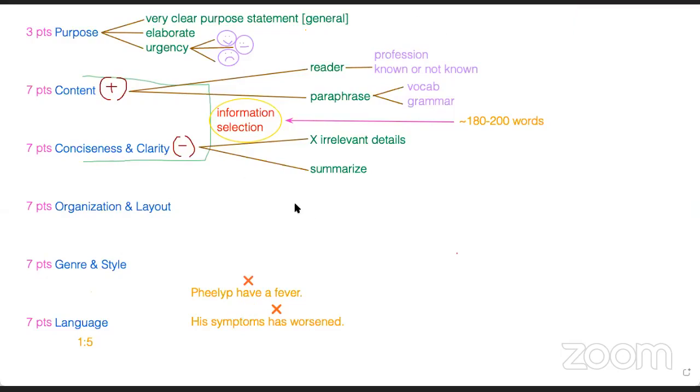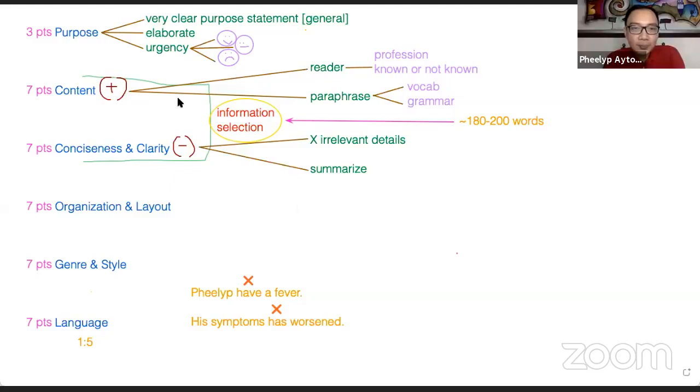So, therefore, how many symptoms are we talking about here? One or many? We don't know. Kasi nga, pwedeng mali yung has. Tama yung symptoms. Pero pwedeng tama yung has, tapos yung symptoms yung mali.